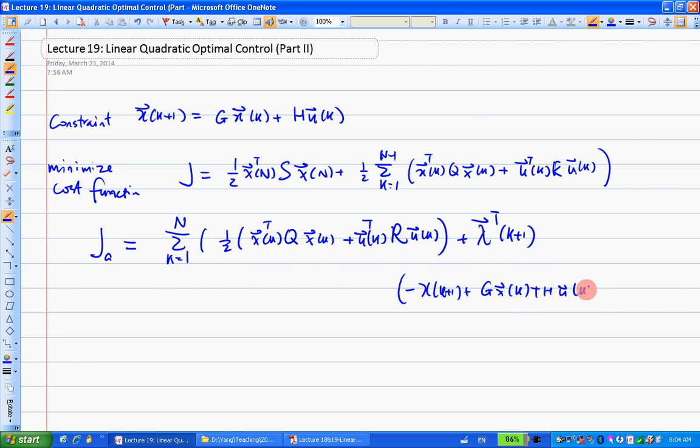So this is basically the new cost function.